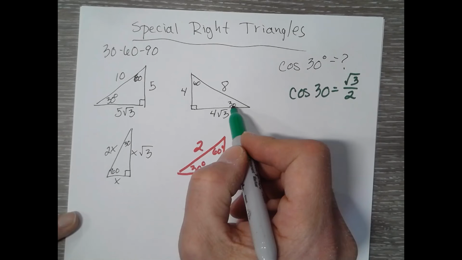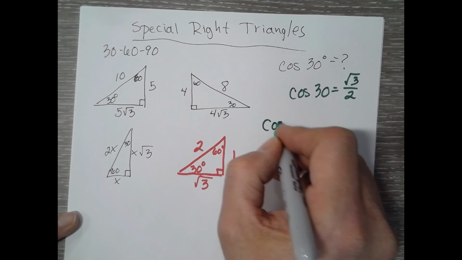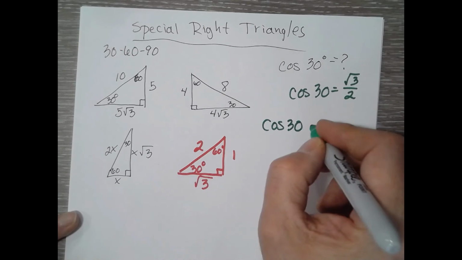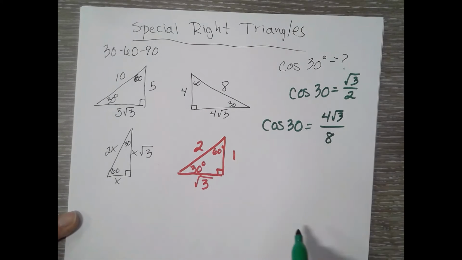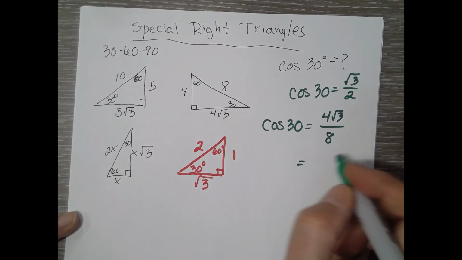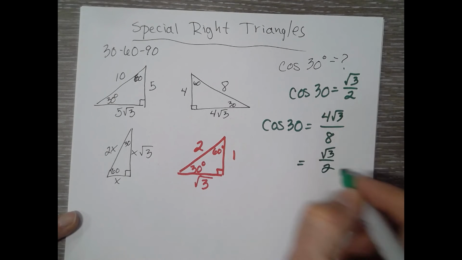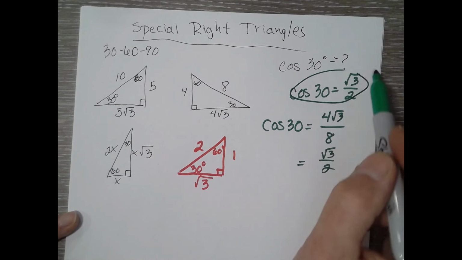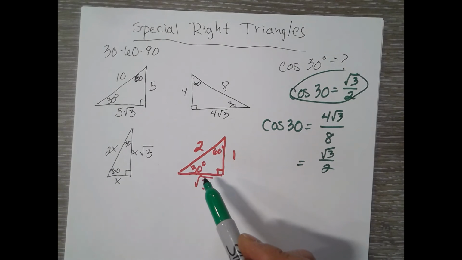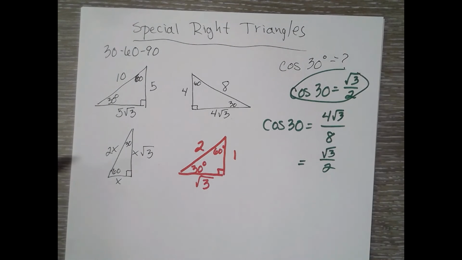Cosine of 30 degrees is 4 square root of 3 over 8, which turns out to be square root of 3 over 2. Might as well make it so that we don't even have to simplify it. We'll choose the simplest version so there's no simplifying afterwards. Okay?